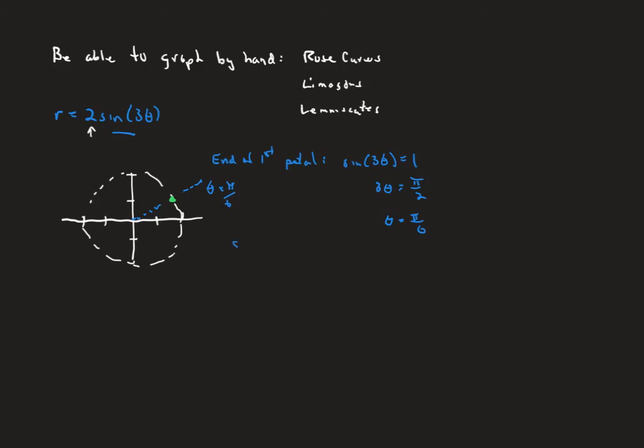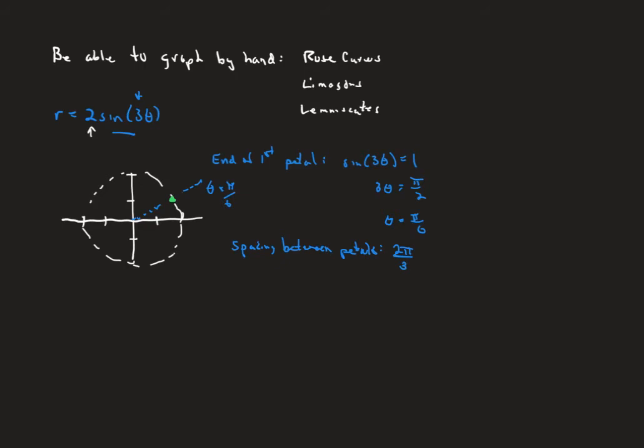Then we know the petals are going to be evenly spaced. So the spacing between petals is going to be 2 pi, which is the full circle, divided by 3, because there are going to be 3 petals since n is odd.